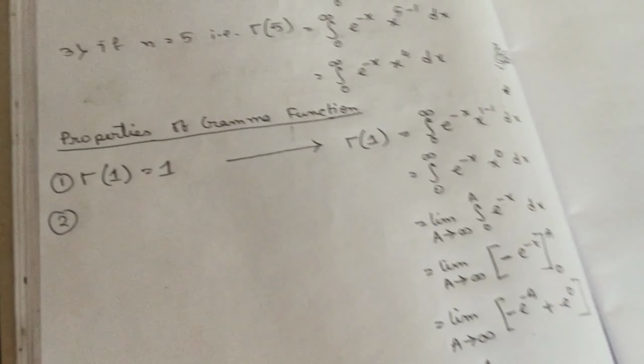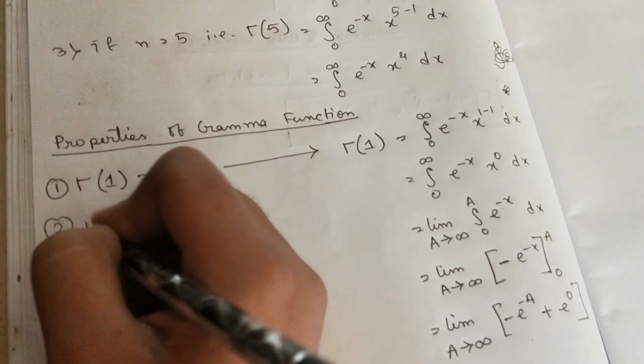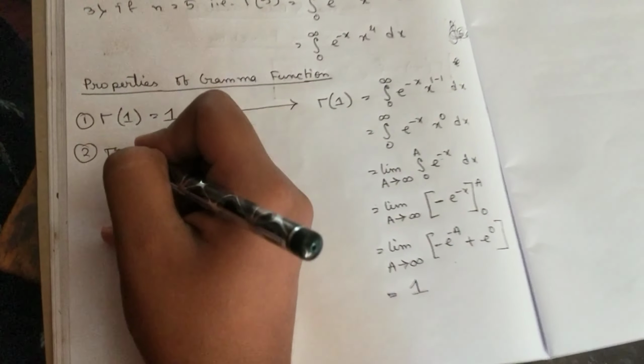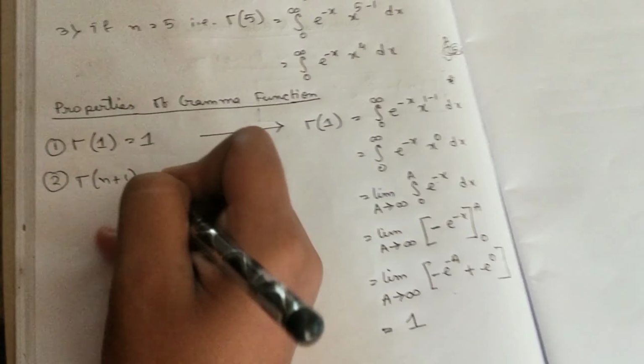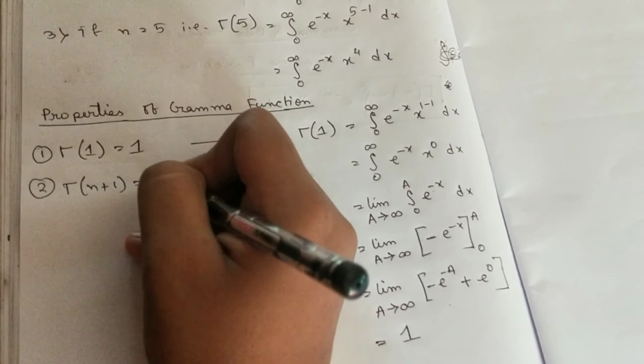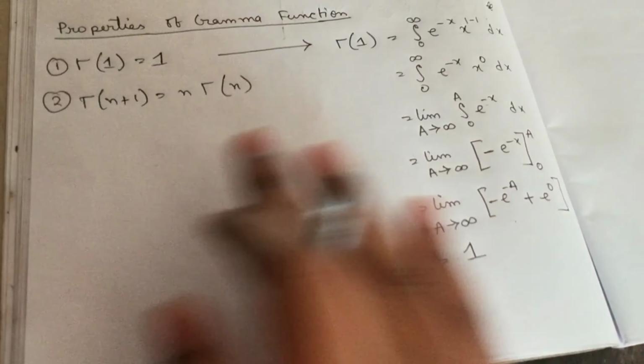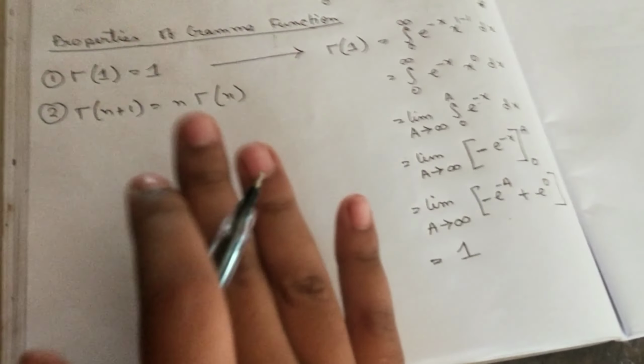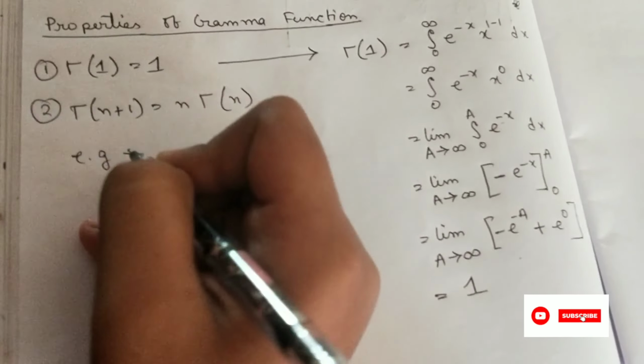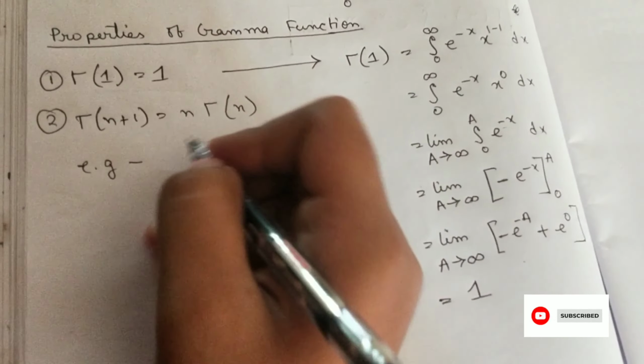Property 2: gamma n plus 1 we can write in terms of gamma n, where n of course is a natural number. Okay, let's take an example.